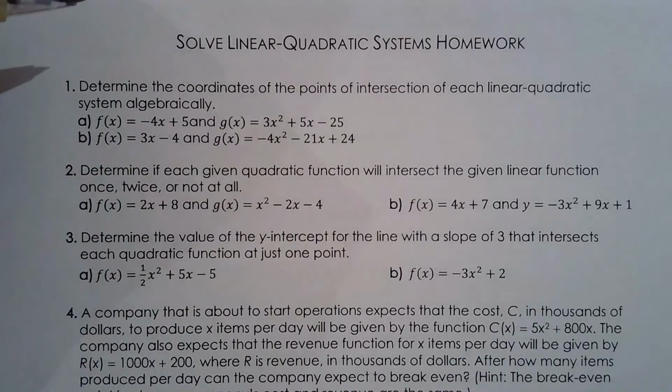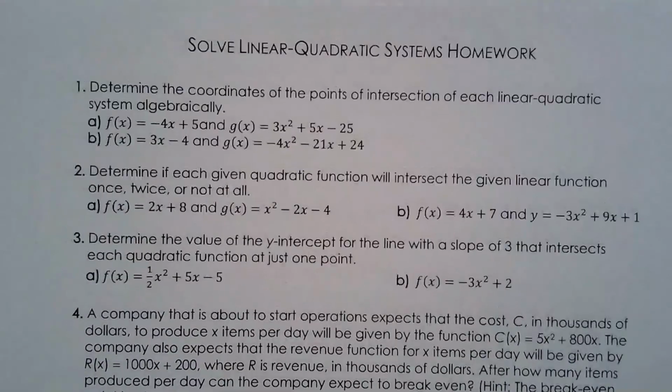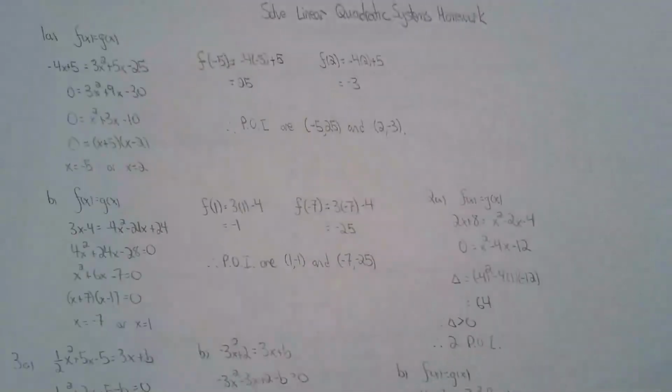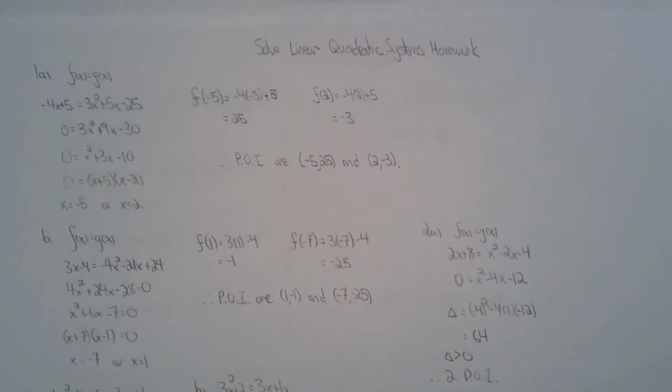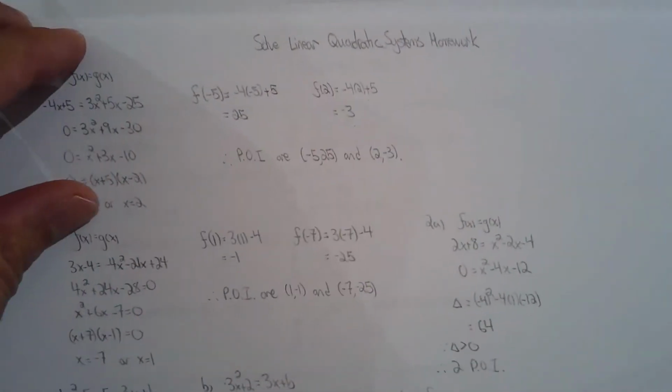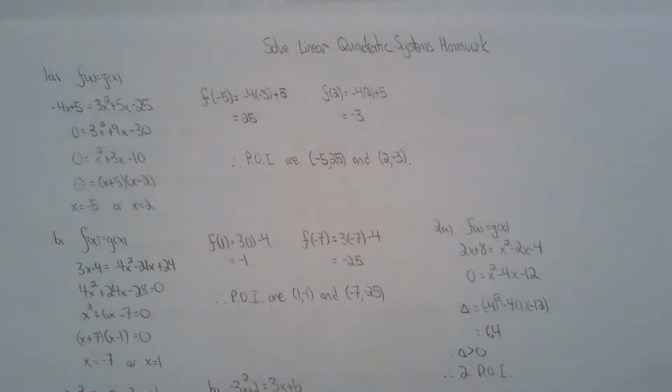In this video, we'll take the homework sheet on solving linear quadratic systems. For the first question, you're given a linear quadratic system. You're just asked to find the solutions. So pretty straightforward.